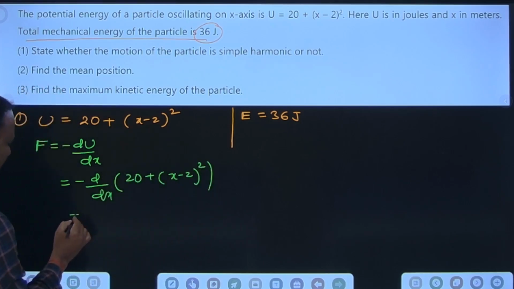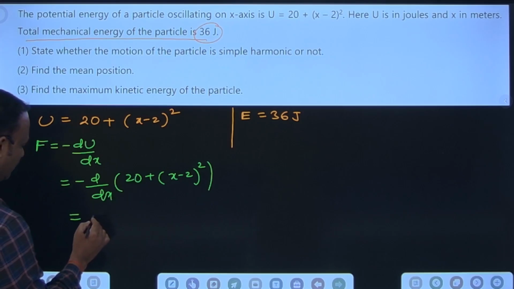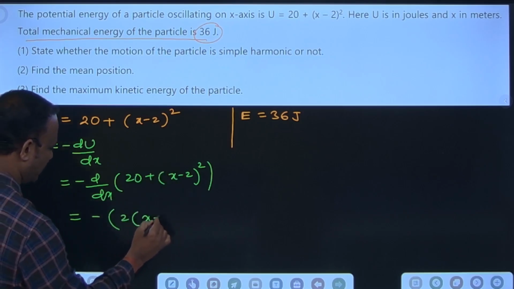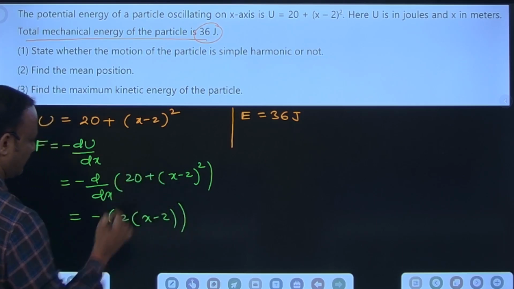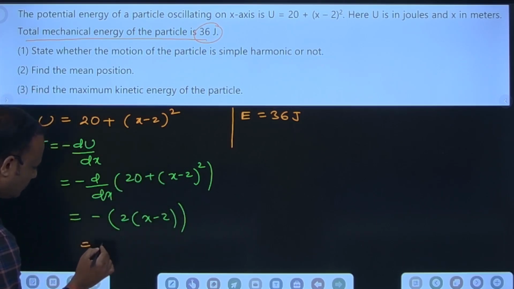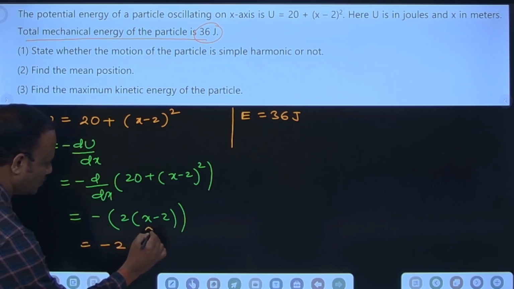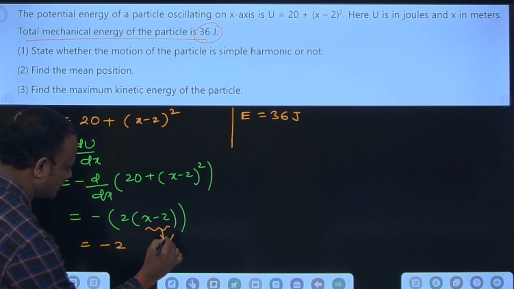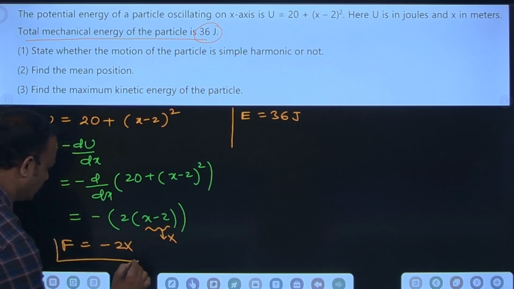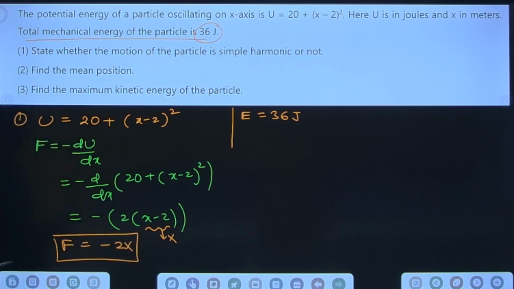Differentiation of a constant is 0, and the derivative of (x minus 2) whole square is 2 times (x minus 2), with differentiation of x being 1. So F is equals to minus 2x, considering (x minus 2) as the variable x.